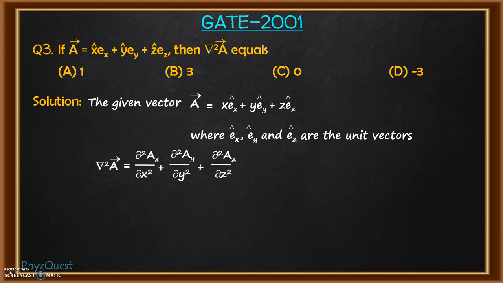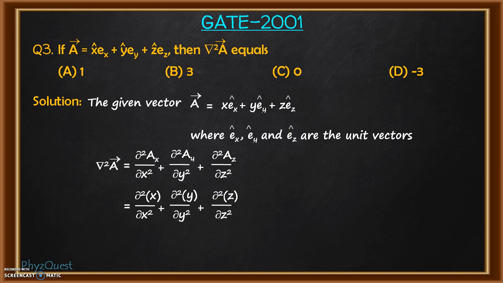Ax, Ay and Az are the x, y and z components of the vector A. So here these are x, y and z. If we put the values in this place, this will be equal to del square x divided by del x square plus del square y divided by del y square plus del square z divided by del z square.